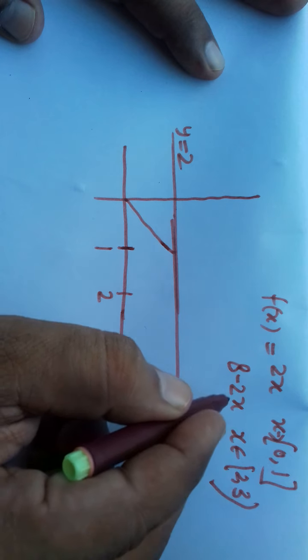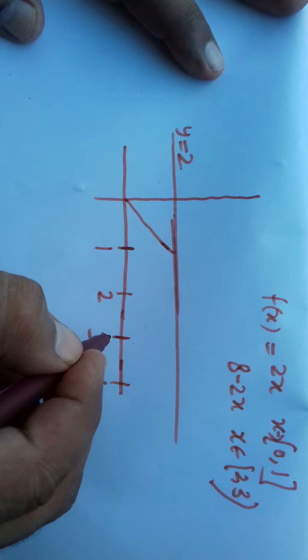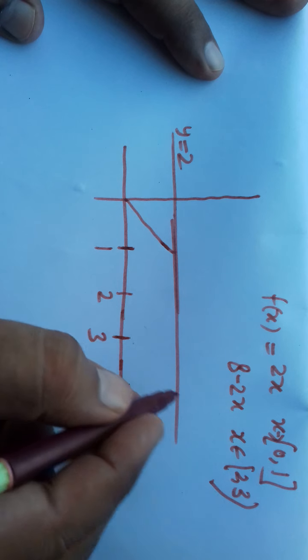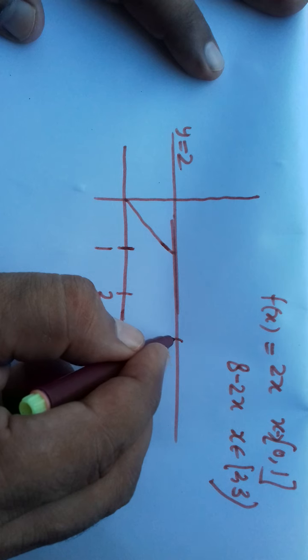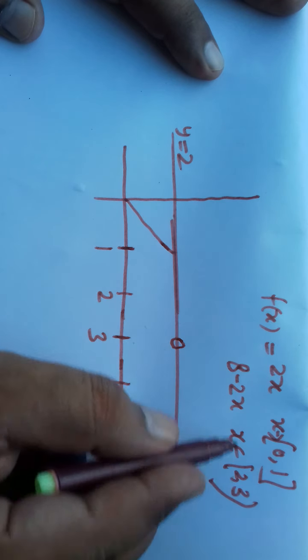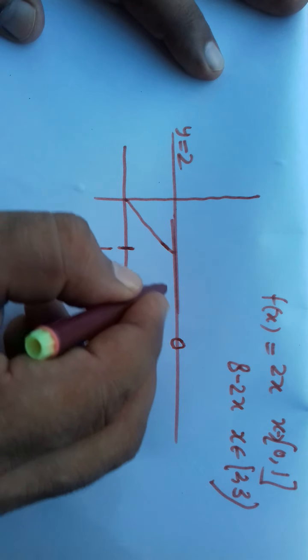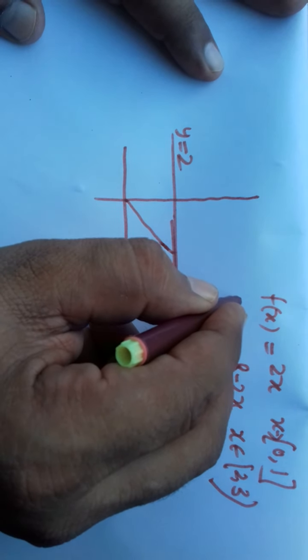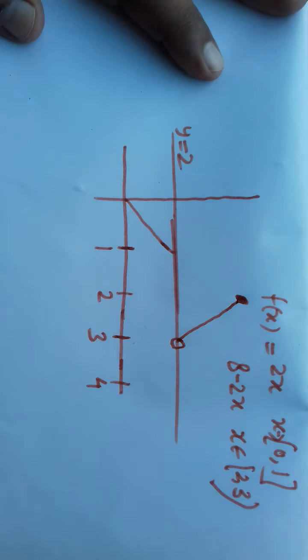At x equal to 2 the function is 4, and at x equal to 3 this will be 2, so the graph will go up somewhere in this area and look like this one.